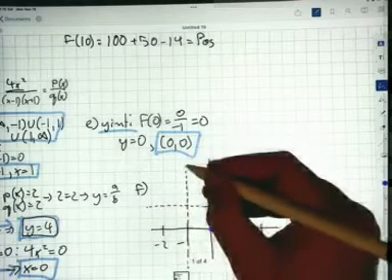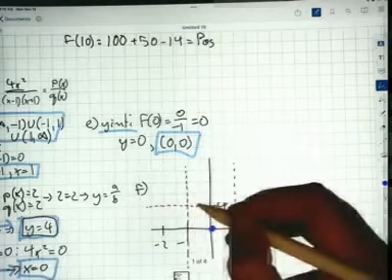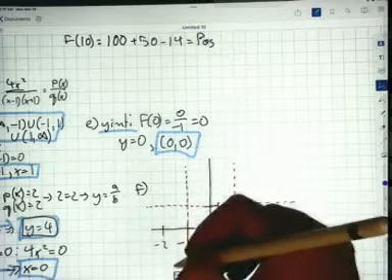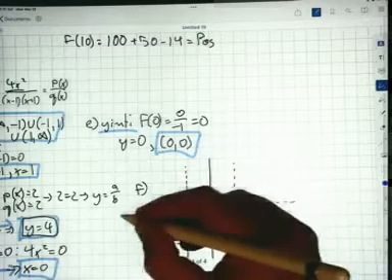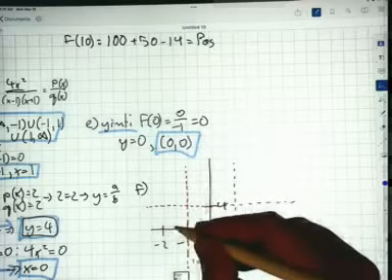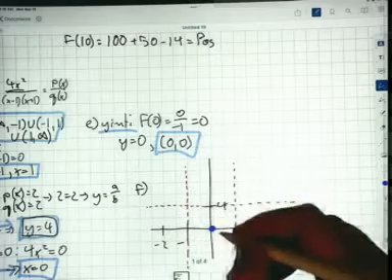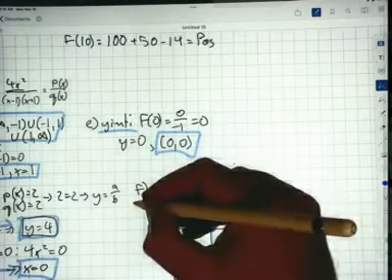Now, is it going to go up or is it going to go down? That's the question. Well, it can't go down, because if it went down, it would cross through the x-axis, meaning that you would have an x-intercept somewhere over here to the left of negative 1. But we know that we don't have any other x-intercepts. So I know the graph has to do this.